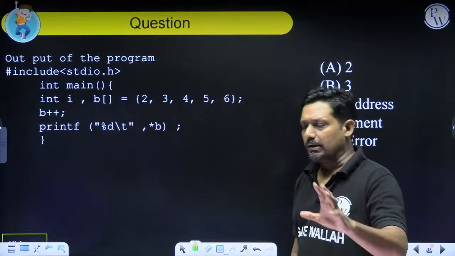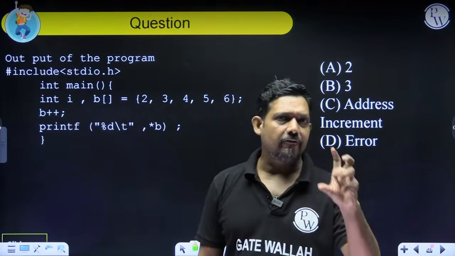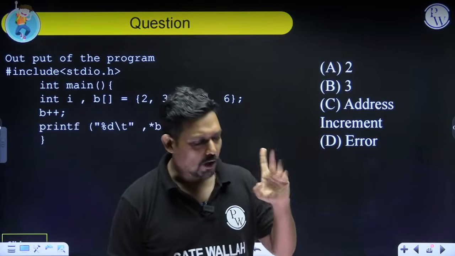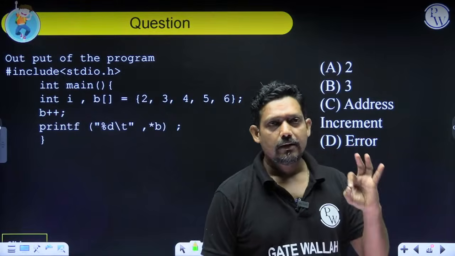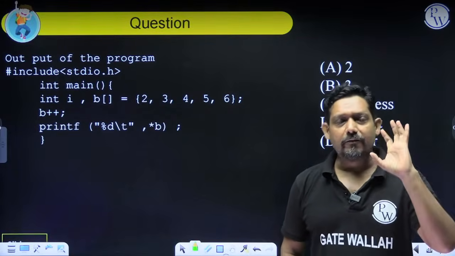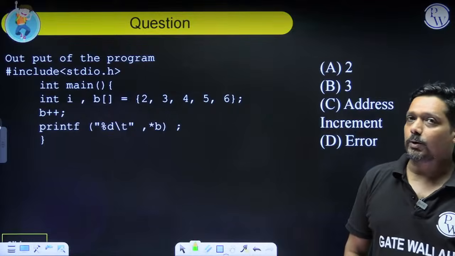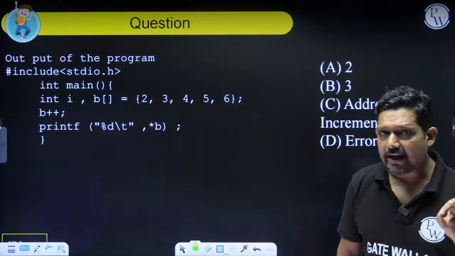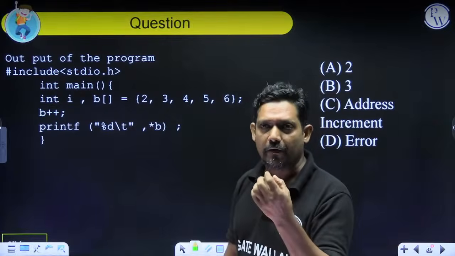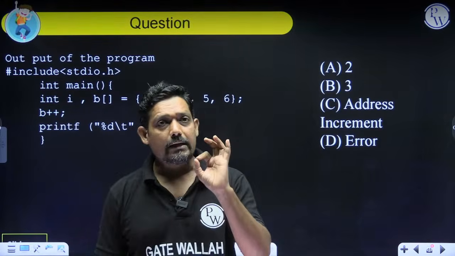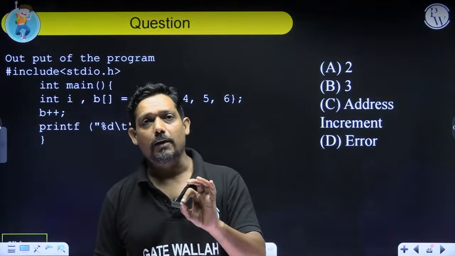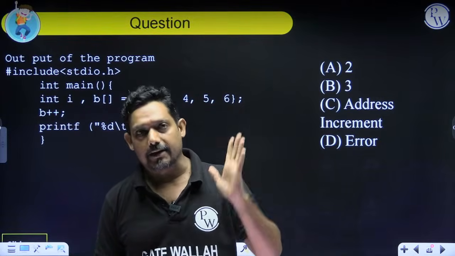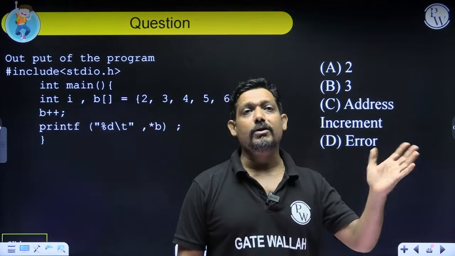Before this, whatever questions we have done, two questions we have completed, I have taken another pointer variable, and in that pointer variable I have taken the address of the array, and then I have done the incrementation.